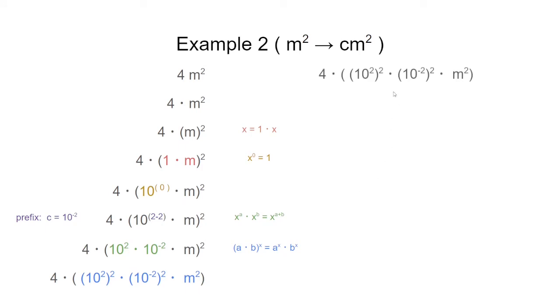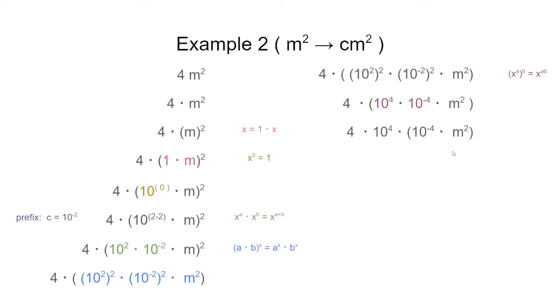We move up here and we will now use rule number 5 to simplify these 2 factors here into 10 to the power 4 times 10 to the power minus 4. We will factor out 10 to the power 4 outside of the parentheses.